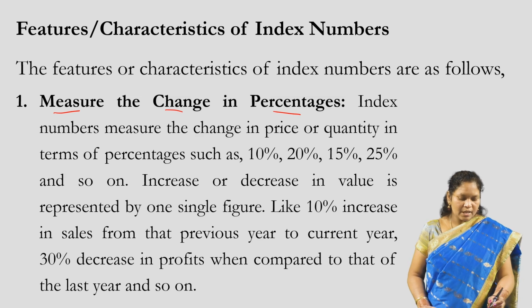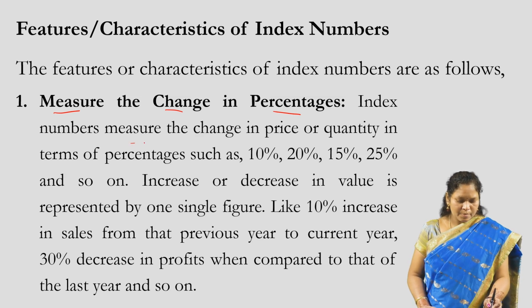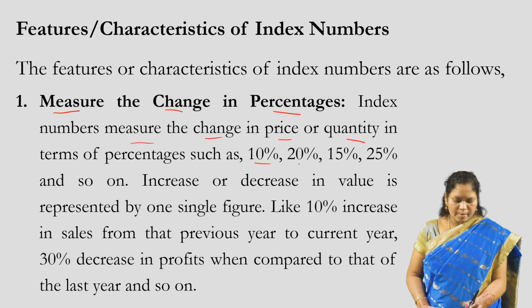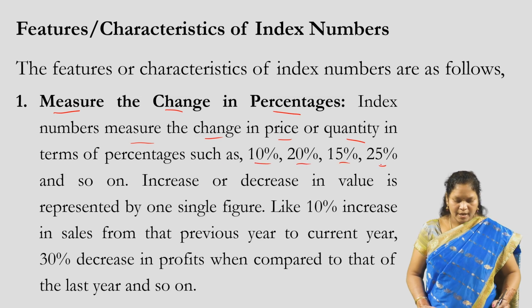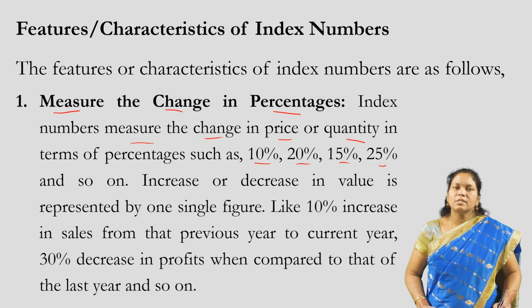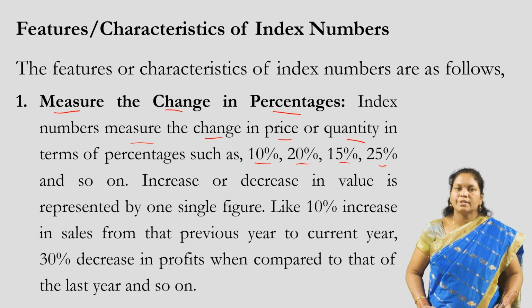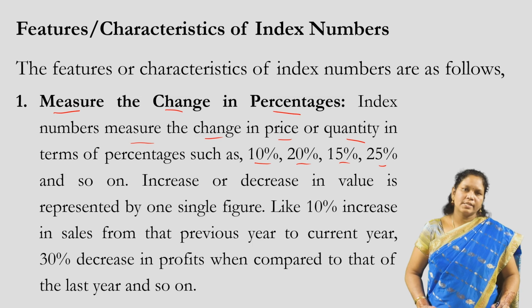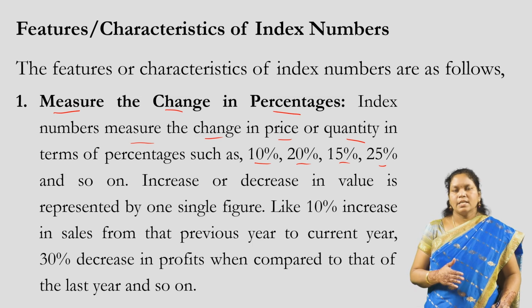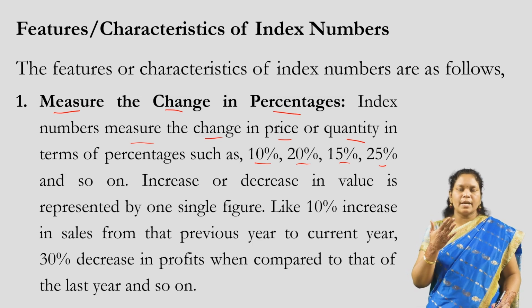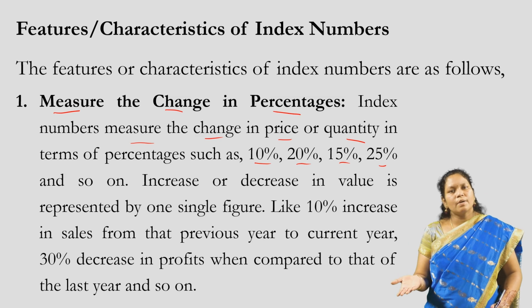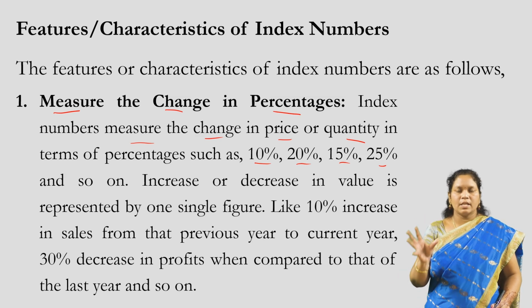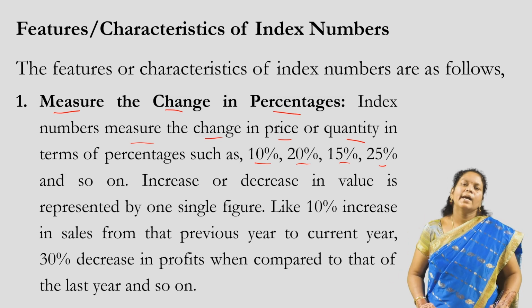So what they have given here: index numbers measure the change in price or quantities in terms of percentages, such as 10%, 20, 15, 25, like that. So whatever percentage we are going to get, all that we'll try to identify through different formulas for prices as well as quantities simultaneously. We'll call them weights. Like the price they have given, in terms of quantities we have to consider, means quantities will be considered as weights to that, and we'll try to identify the percentages.